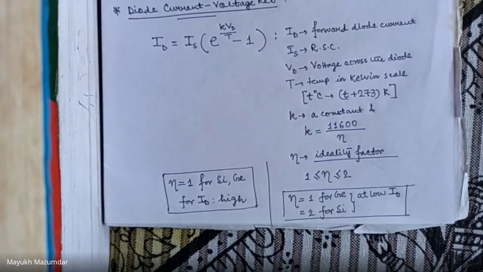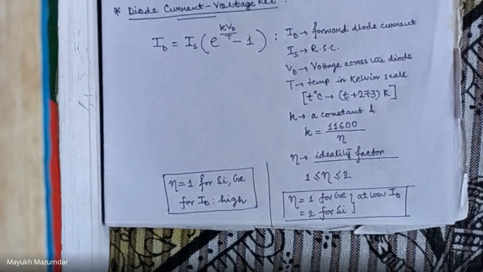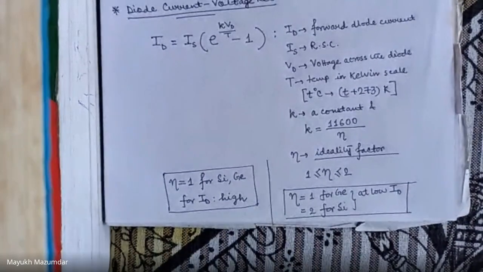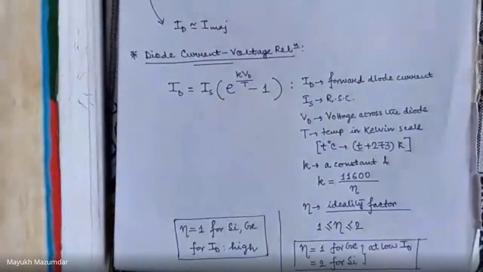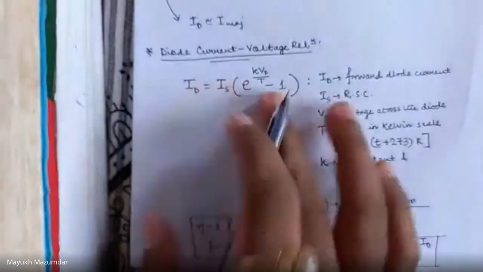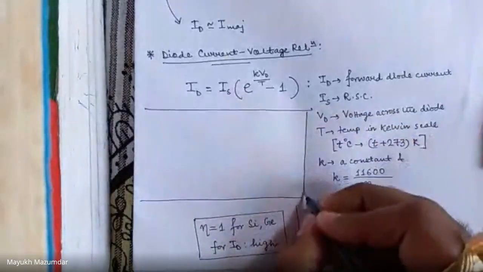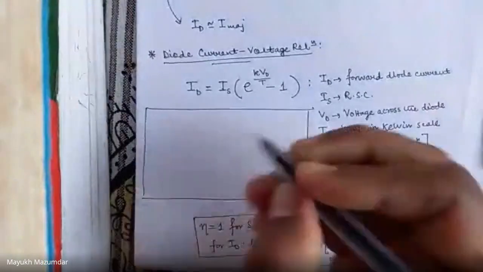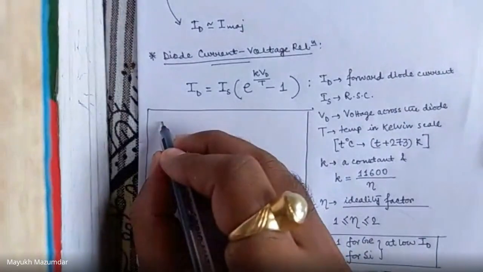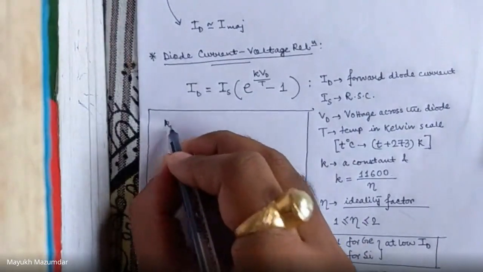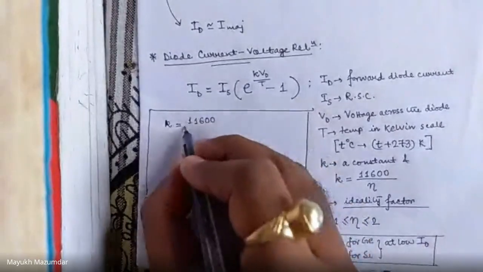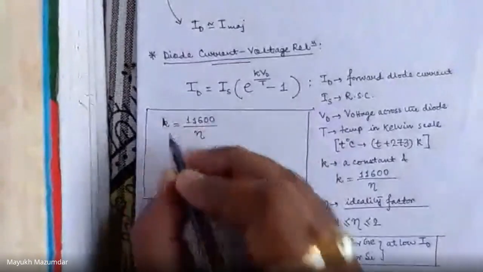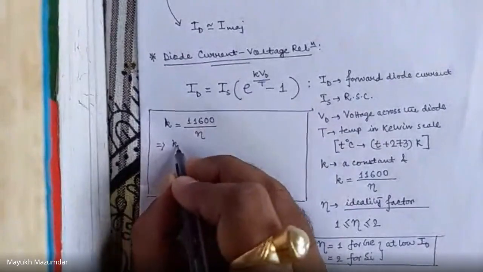Now let's relate it with something that we know. We have k equals 11600 by eta. Then what would be k by T?